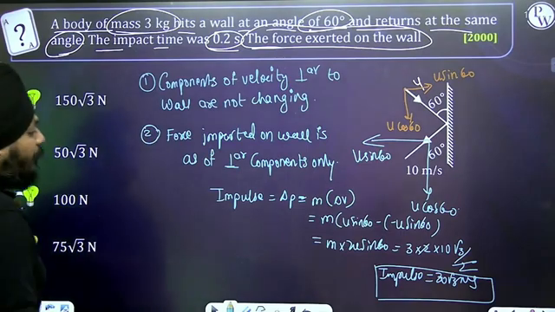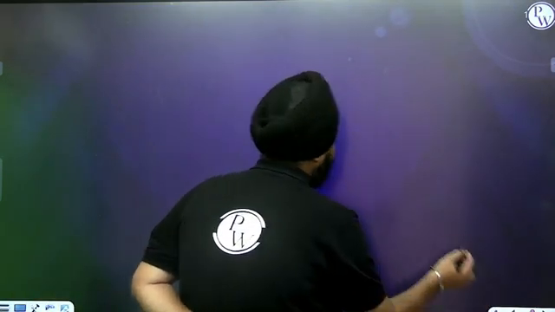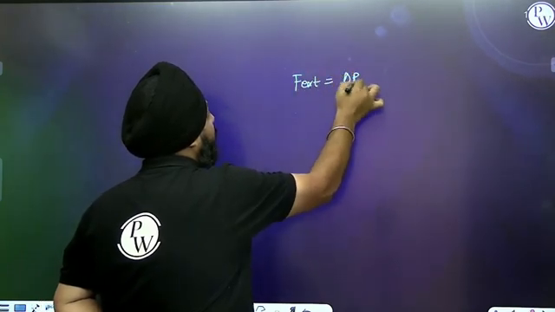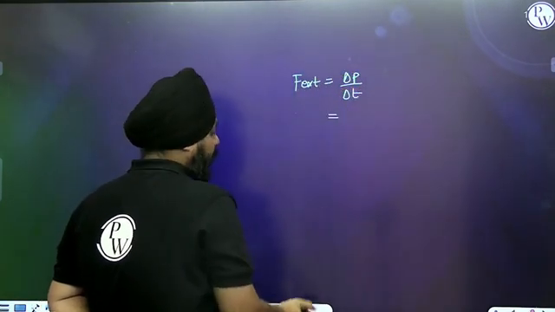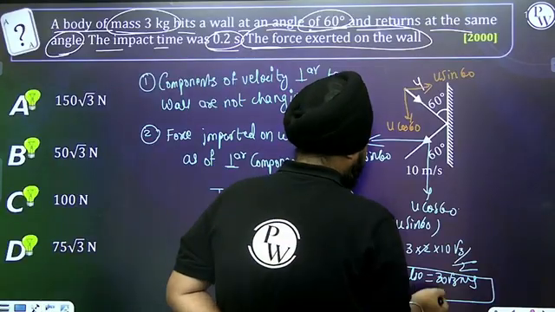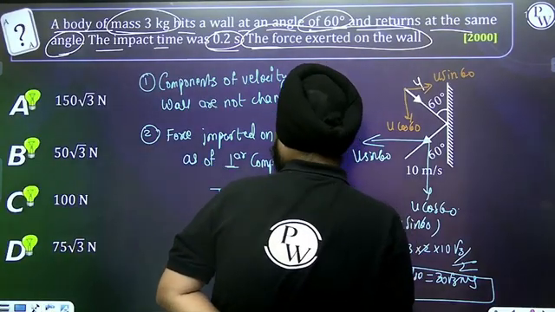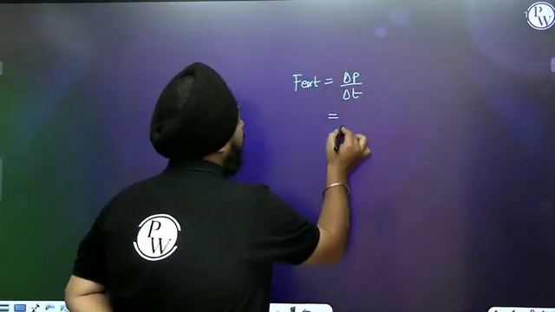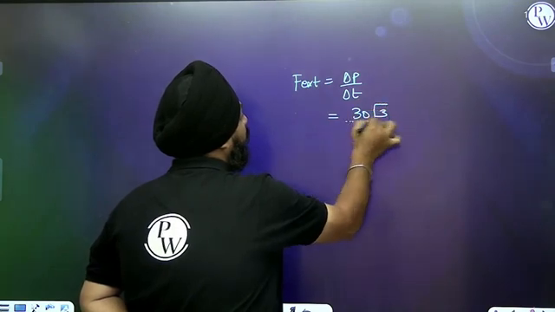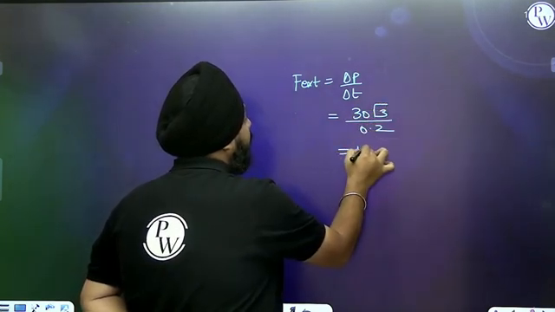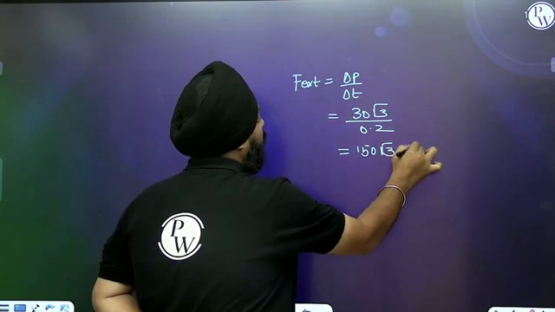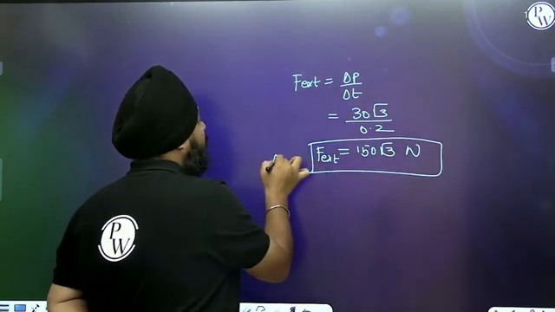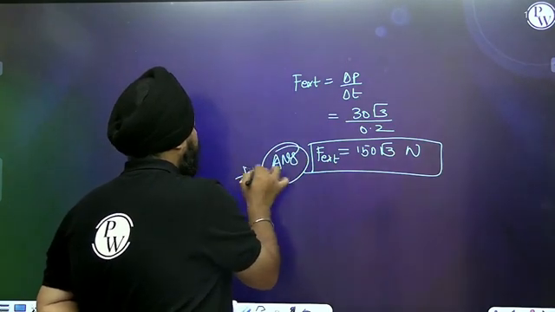Now what is the external force applied? External force is nothing else but change in momentum by change in time, right? The impact time is 0.2 seconds, so it is 30 root 3 whole divided by 0.2. So that is 150 root 3 newton. This much amount of external force is imparted on the wall, and this is the perfect answer for this specific question.